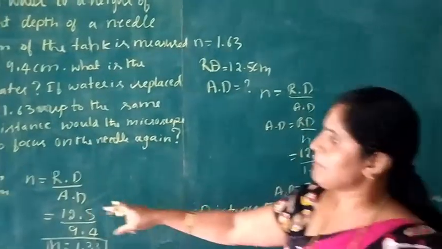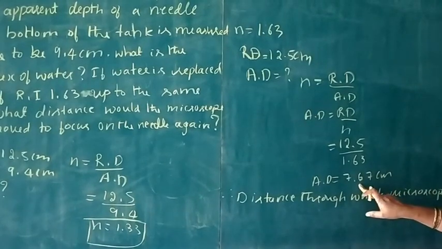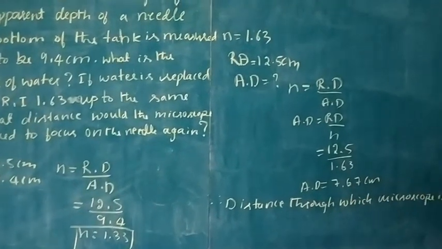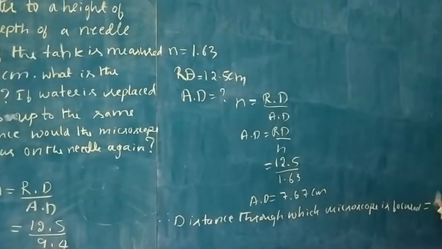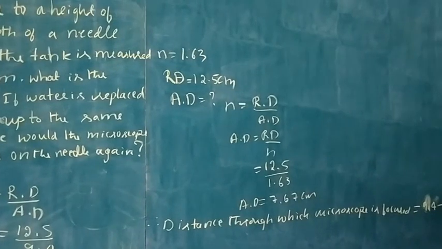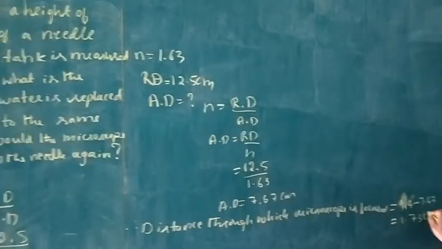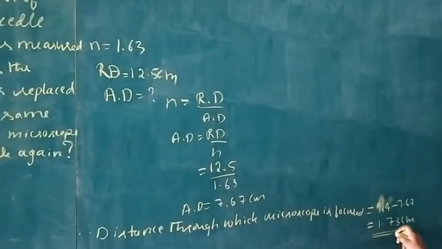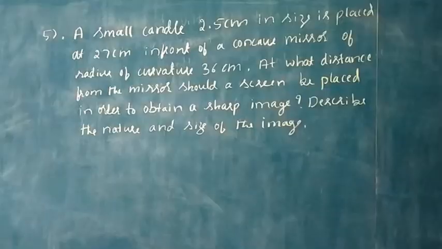First apparent depth is 9.4 centimeter, and for the second liquid the apparent depth is 7.67. That is 9.4 minus 7.67. You will get 1.73 centimeter. So the microscope is moved through a distance of 1.73 centimeter to focus on the needle.